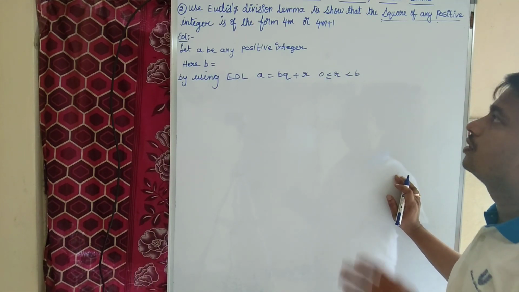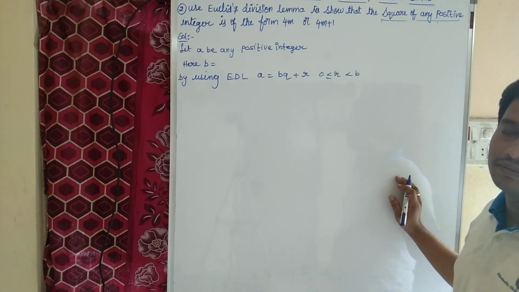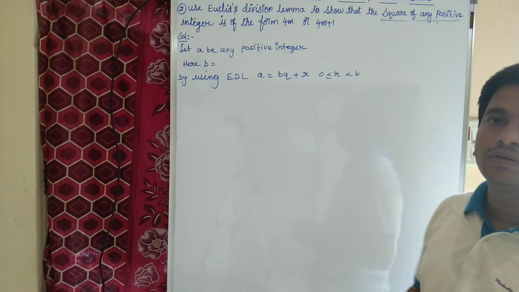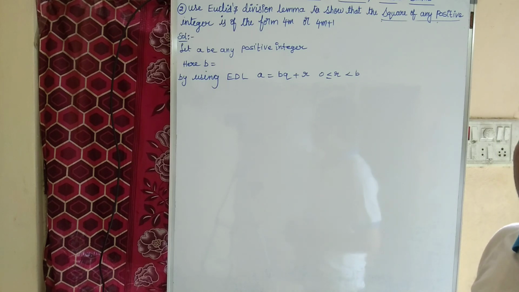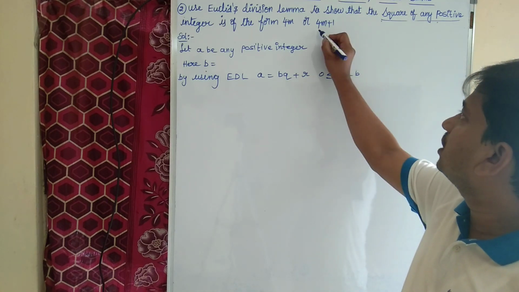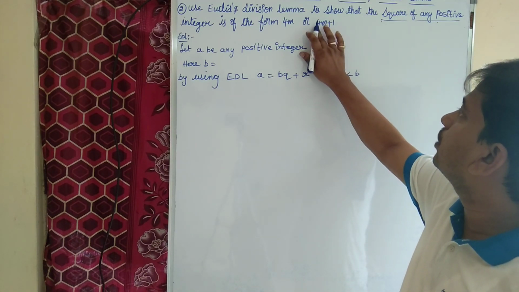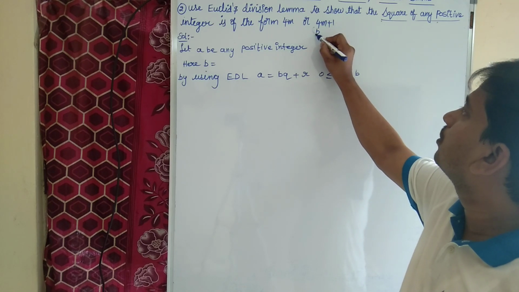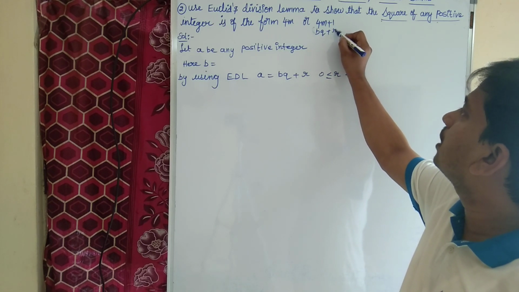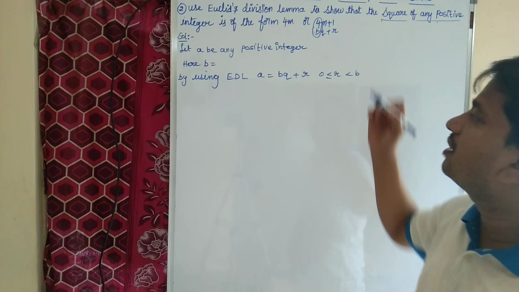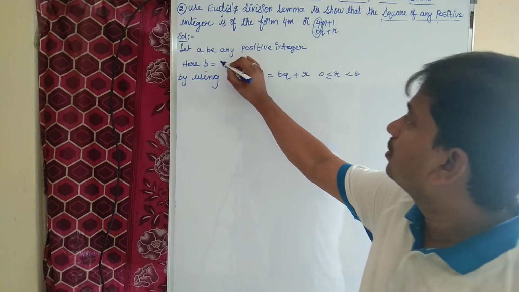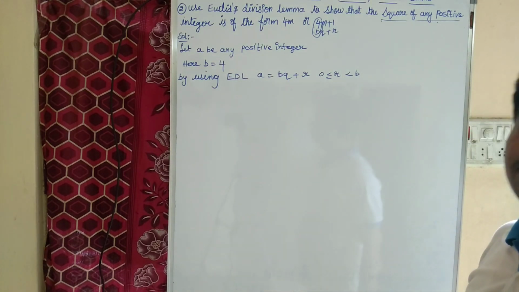In this question 4m or 4m plus 1. The same manner. Right? Here what is the value of b, children? Here it is 4m plus 1, which is in the form of bq plus r. Hence the value of b is 4 here.